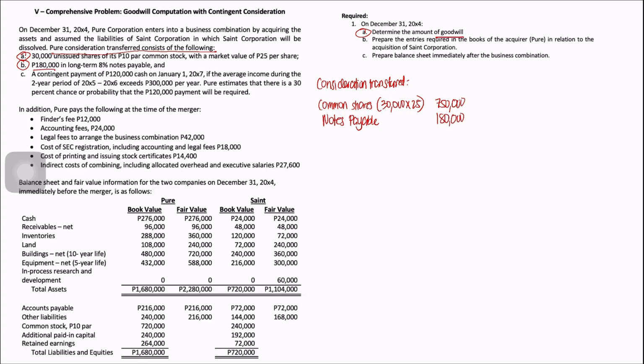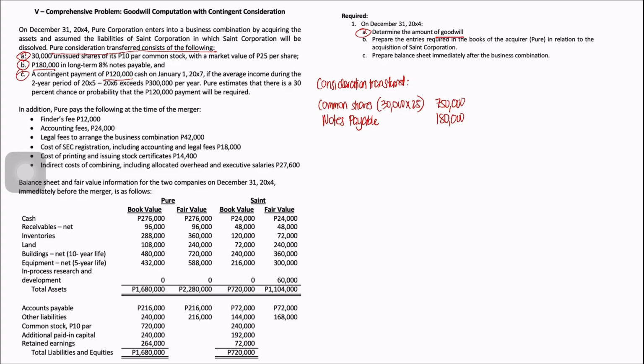And lastly, we have contingent consideration of 120,000 payable in cash if the average income during the 2-year period of 20x5, 20x6 exceeds 300,000 per year. Pure estimates that there is a 30% chance or probability that the 120,000 payment will be required.